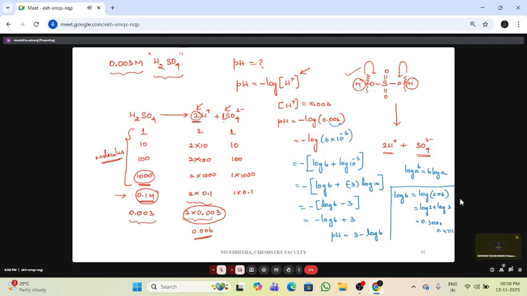If you add these two values, you'll get the value of log 6. Substitute here and subtract it from 3. That will be your answer. Can you please add both the values? Take your time.